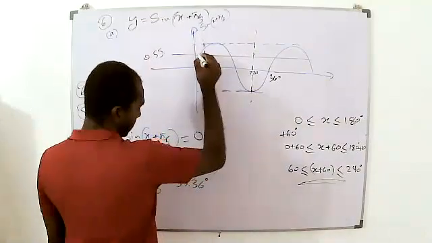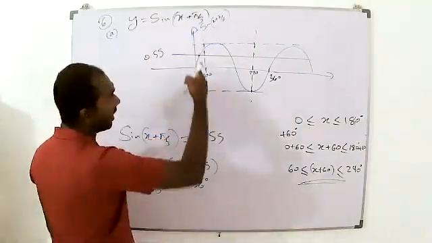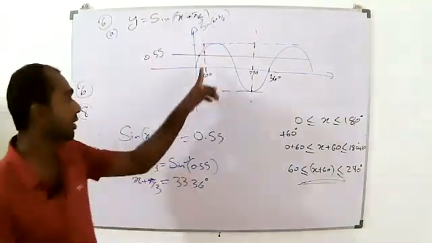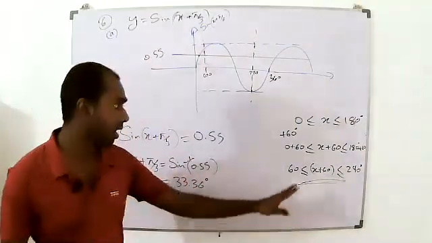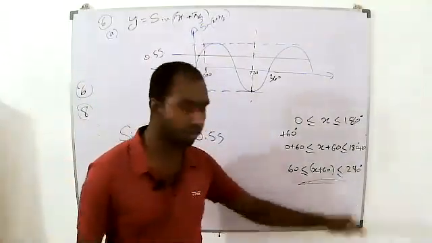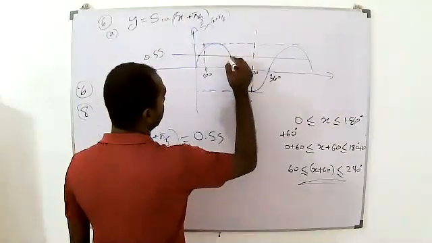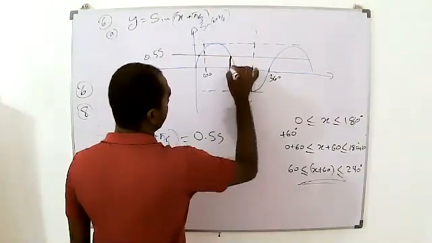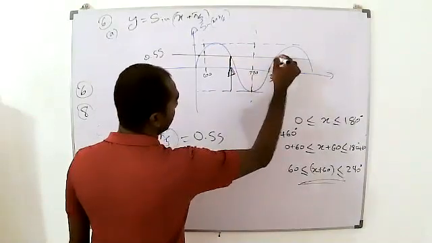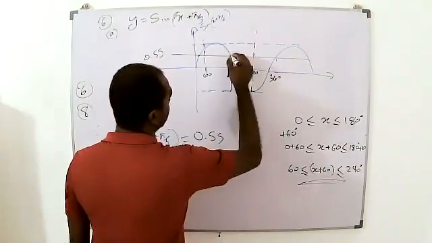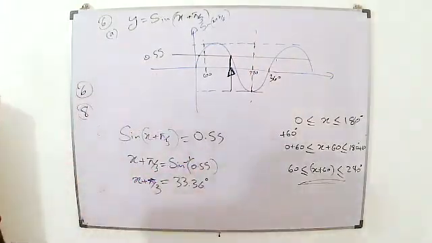We get the answer here, 33.36. Do we accept it? No, because it's not in our range. Our range is from 60 to 240. So we will have to accept this value here only. This value is also out of our range. So this is our answer.